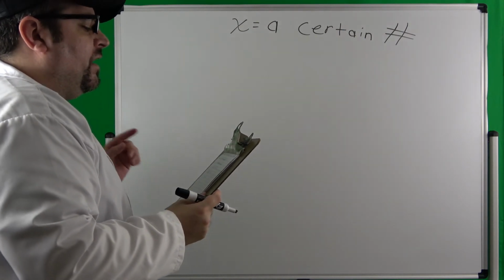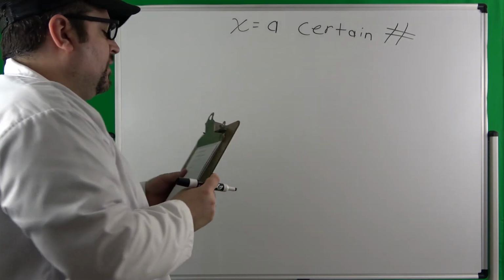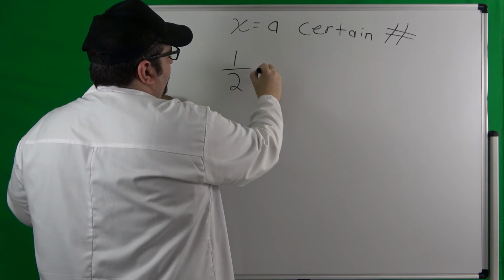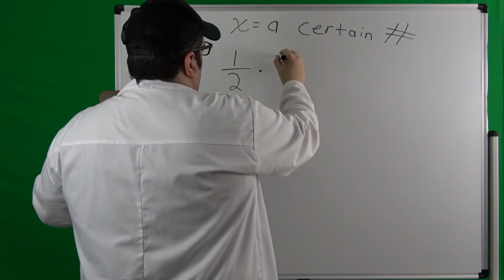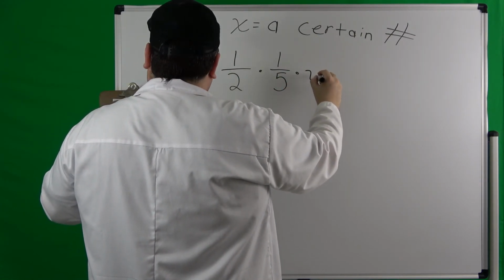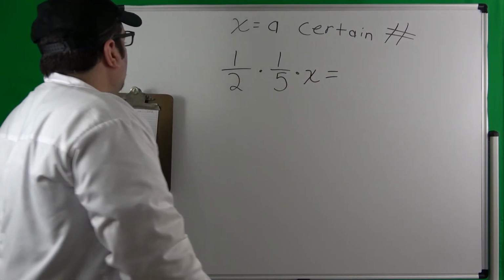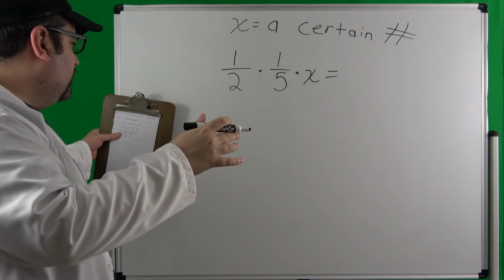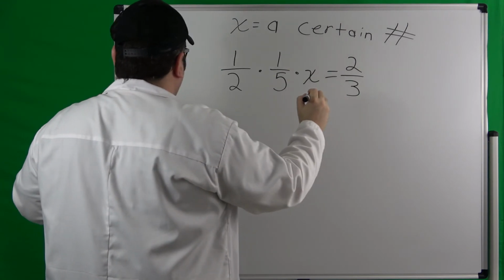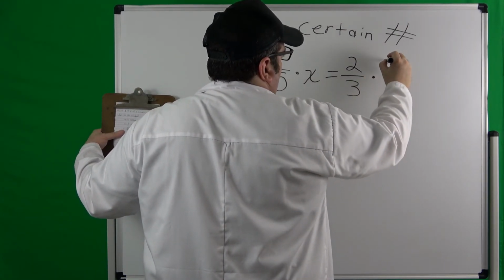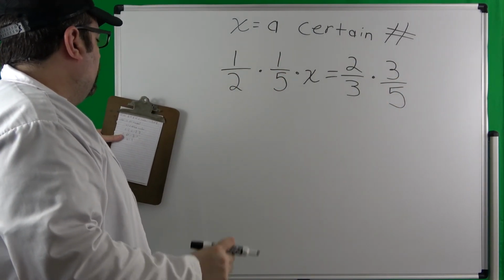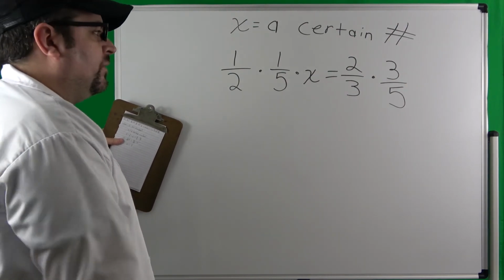If 1/2 of 1/5 of a number, well, "of" means multiplication, equals, "is" stands for equals, 2/3 of 3/5. What is the number? Well, okay, there we go.